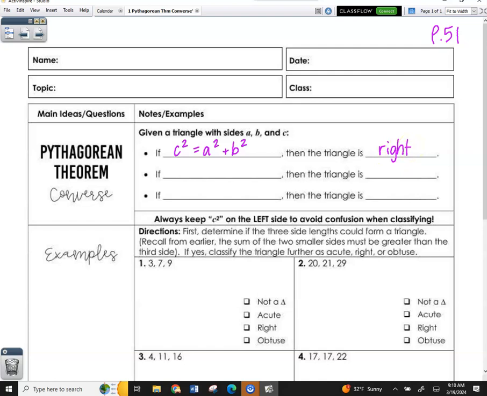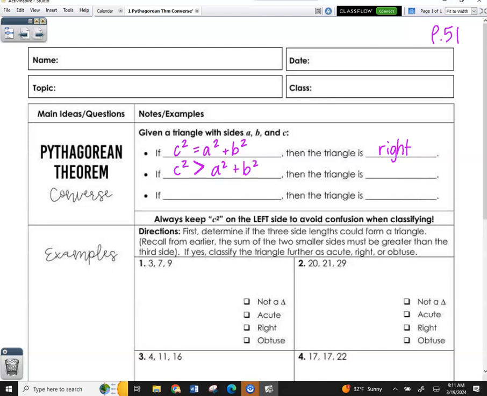Now, what if it does not equal? Well, if the hypotenuse squared, watch this, is a bigger number than a squared plus b squared, so if the hypotenuse squared is a bigger number than the legs squared, what type of triangle do you think we have here? Now, I'm imagining like a string that would stay connected between my hands.